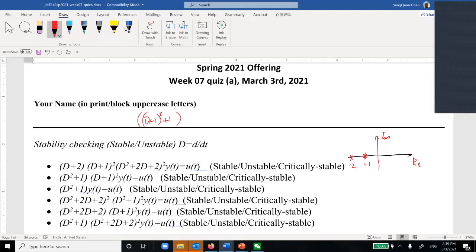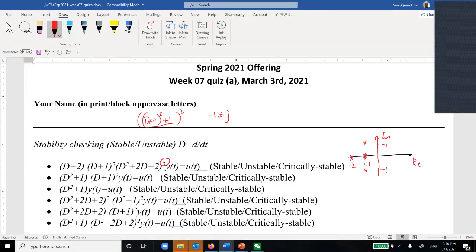Then squared. So for this one equal to 0, what is the pole? It's -1 plus or minus j, okay? And you have 2 of them. So this is -1, this is minus j, this is plus j. You will have a pair of poles here, and you are on the left half plane.